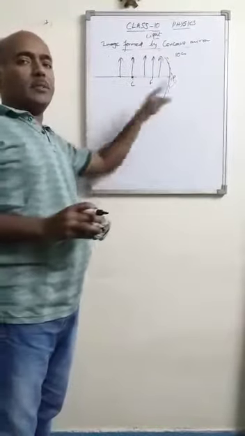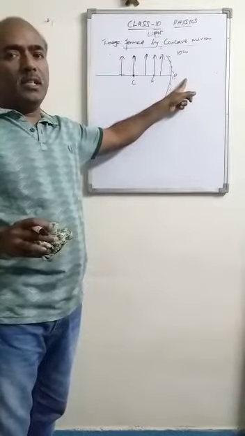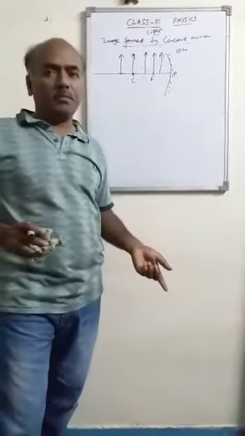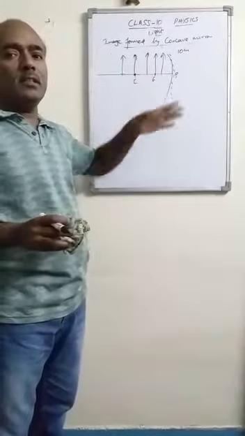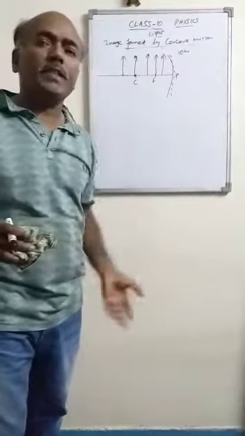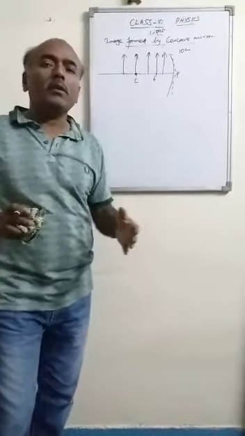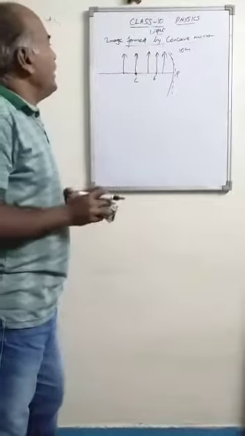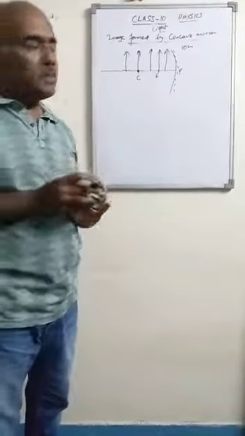The same object is repeated and placed at different positions in front of the concave mirror, and for that we get the image. For all the positions of the object, the nature and size of the image are different, and we will draw the diagram to find out the image formed for all positions of the object.